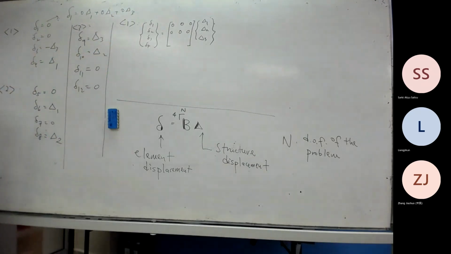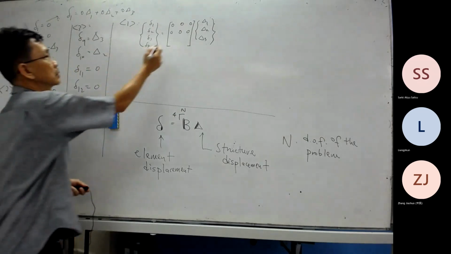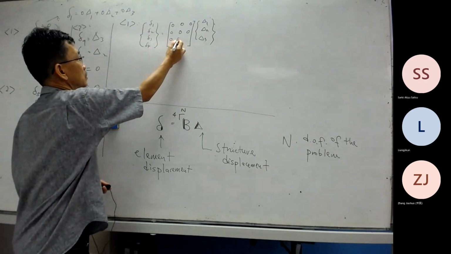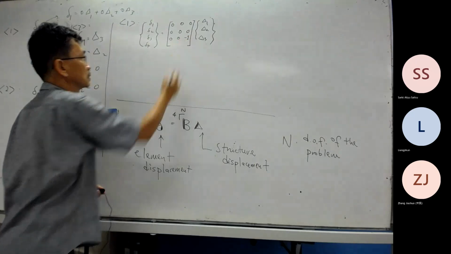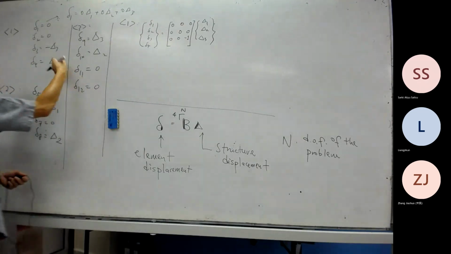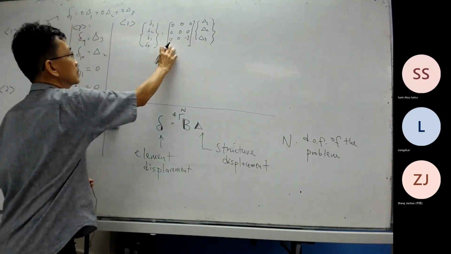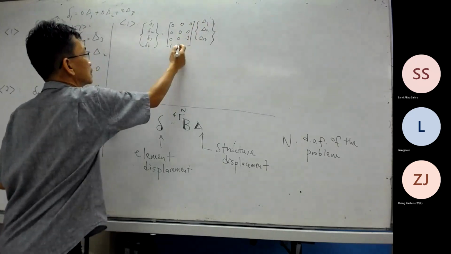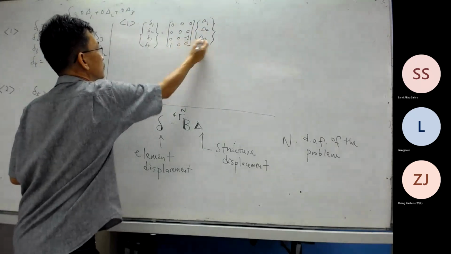So if I expand that, then I put 0, 0, 0 into that matrix. Then for this one, there's only delta 3 involved, no delta 1, no delta 2. So you have delta 1 is 0, delta 2 is 0, only 1 with delta 3. And the final one, delta 4 is delta 1. So the other 2 and 3 are not here. So it becomes 1 for delta 1, 0 for delta 2, 0 for delta 3.